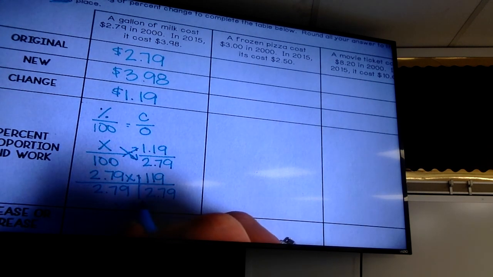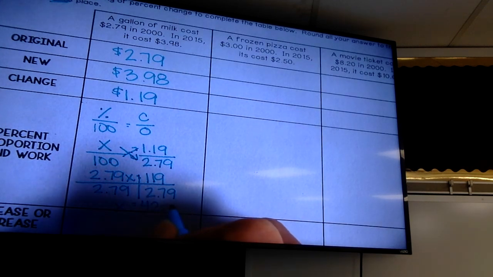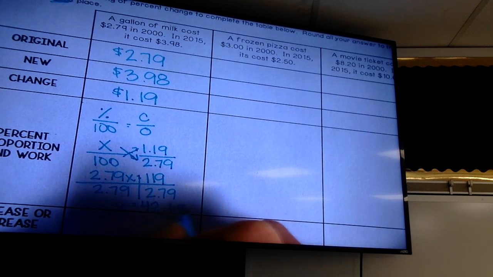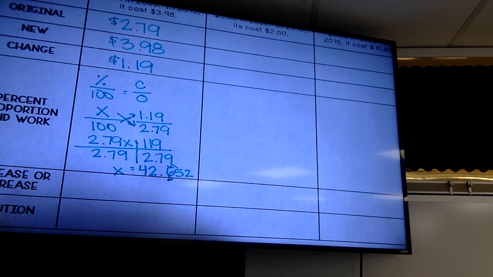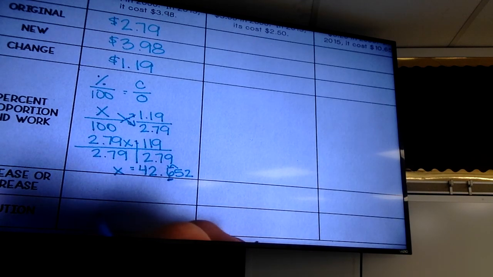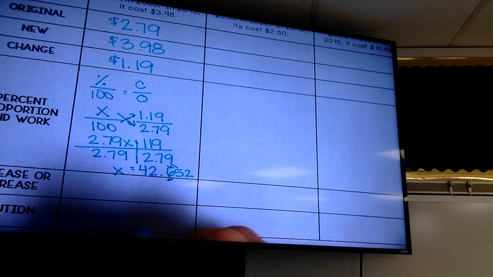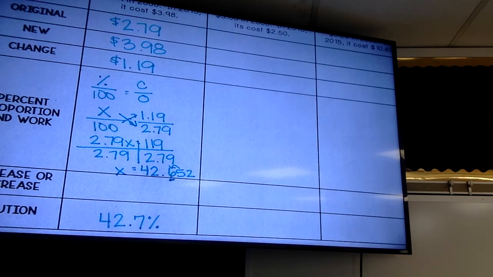It says I'm going to round to the tenths spot. So I have 42.652. If I'm going to round to the tenths spot, that's here. The 5 is going to tell that 6 to be a 7. So I'm going to say 42.7%. Whenever we answer a percent of change question, there are two parts to the answer.